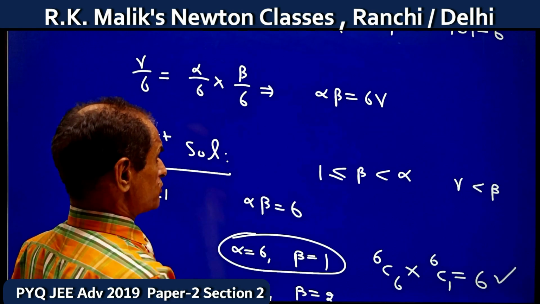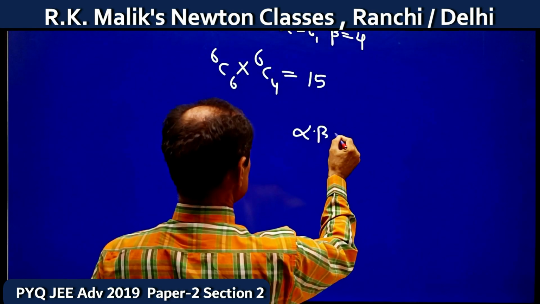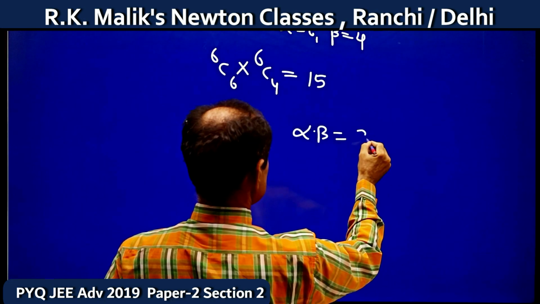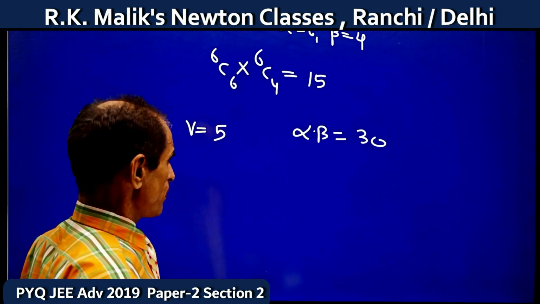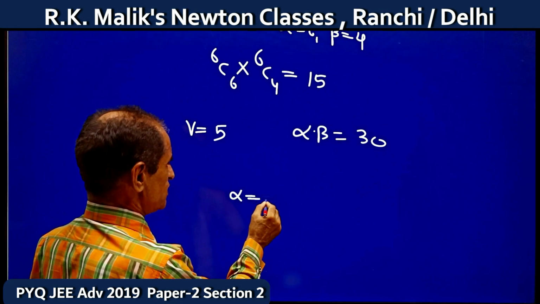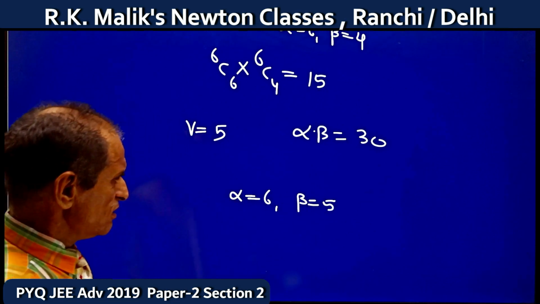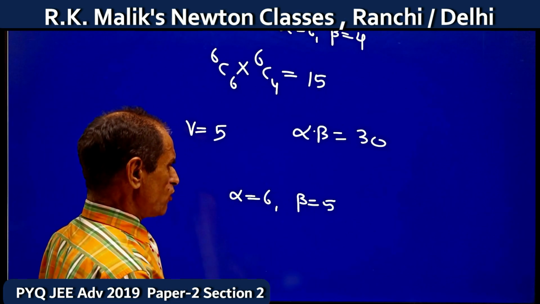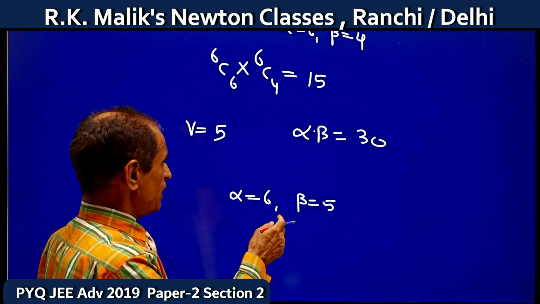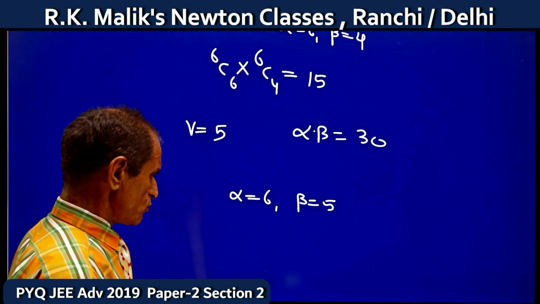And take the case when gamma is 5. Then alpha beta equal to 6 gamma will mean alpha beta equal to 30. And this is possible only if alpha is 6 and beta is 5. That is, A contains 6 elements, B contains 5 elements, and all the 5 elements are common also.